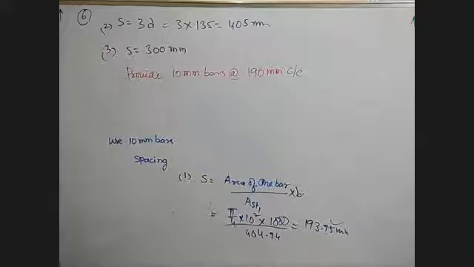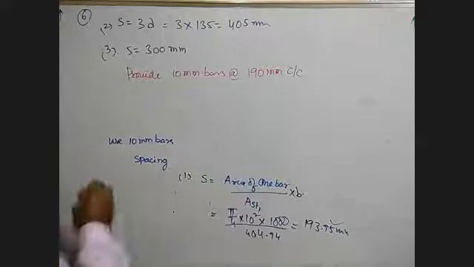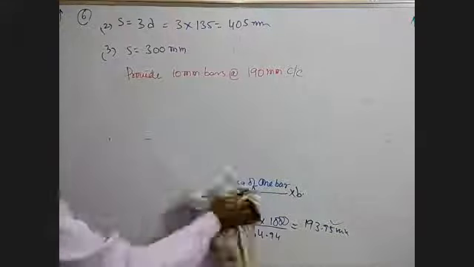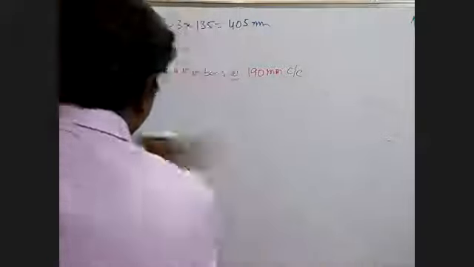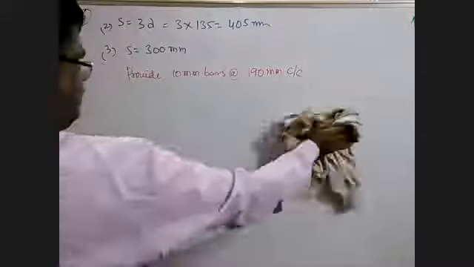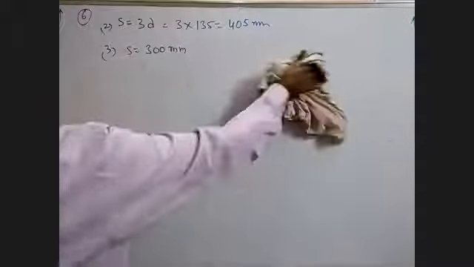Now you have a negative bending moment. Now you have to do it twice. Same thing can be repeated once again. So calculate the AST2, that is for the negative bending moment.